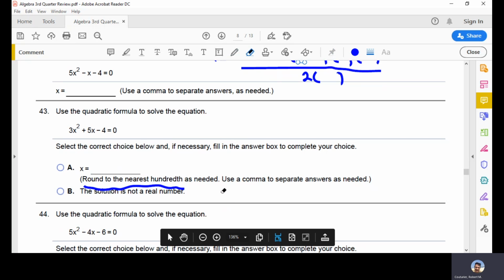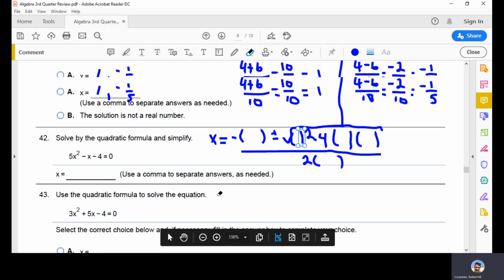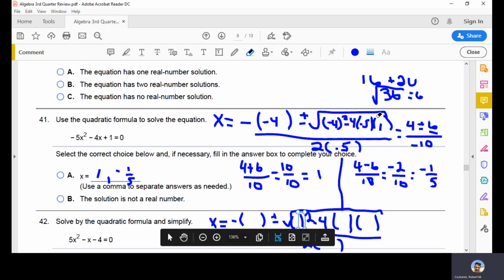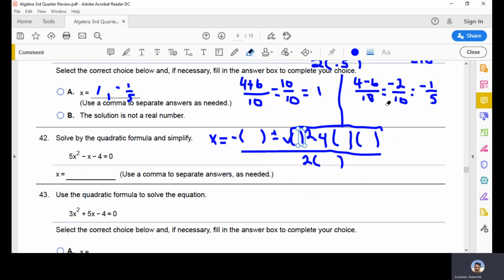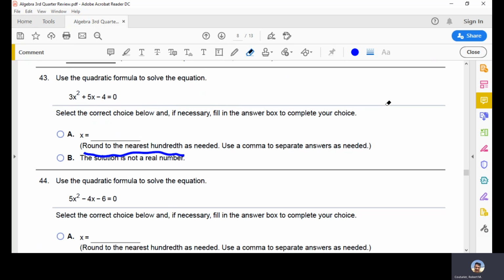When we did it up here, remember, we got 36, and yes, it is a perfect square root. Oh, such nice math. It's not going to be a perfect square root in the next one. So you have to be careful. You must be careful. Let's do this one together.